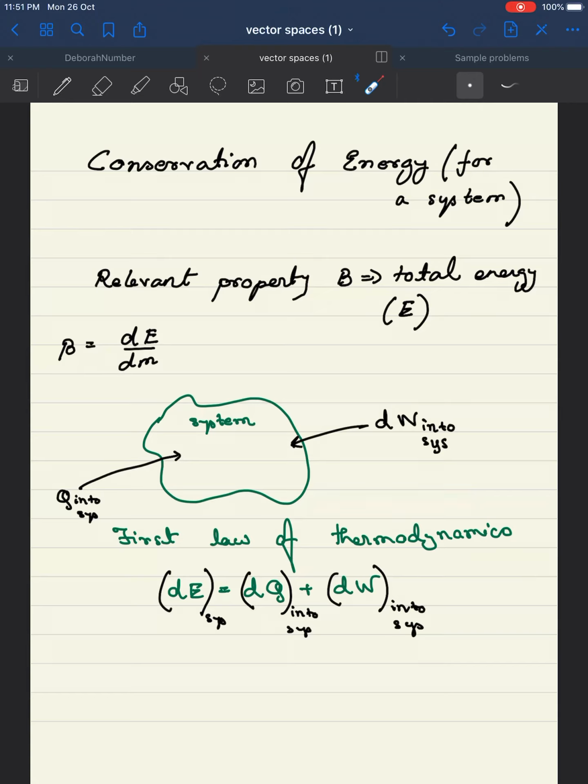And similarly, you have to be careful in how you are defining it. So different disciplines have different symbols and different sign conventions for these cases.